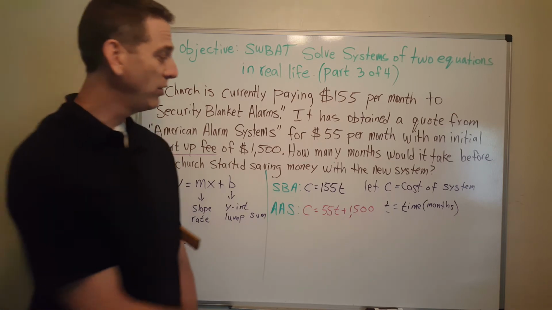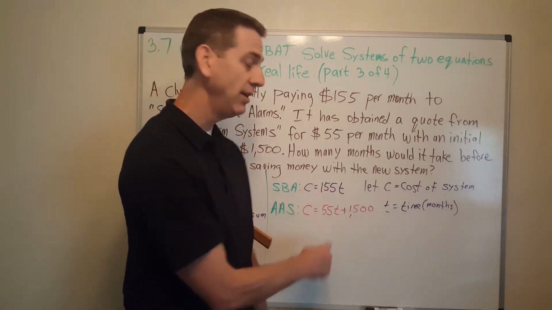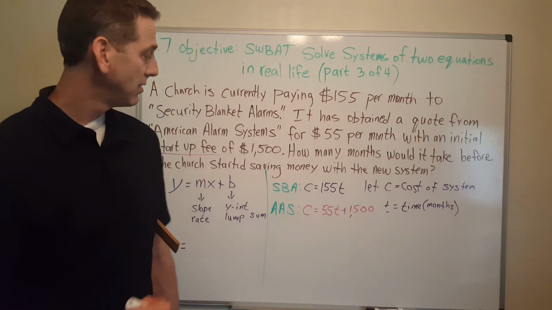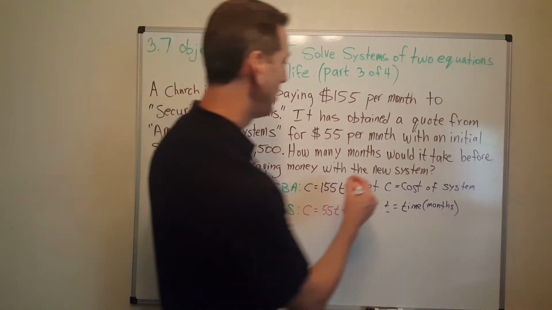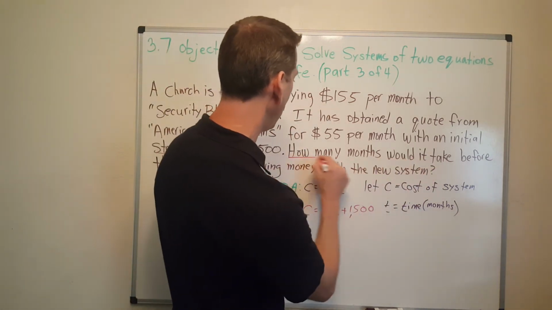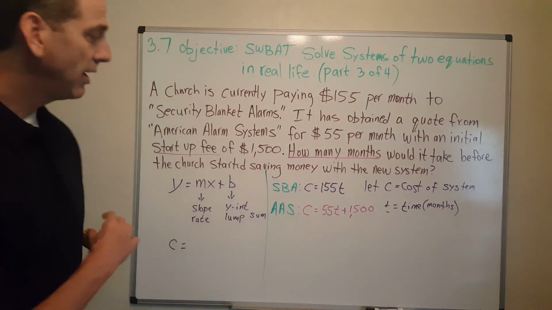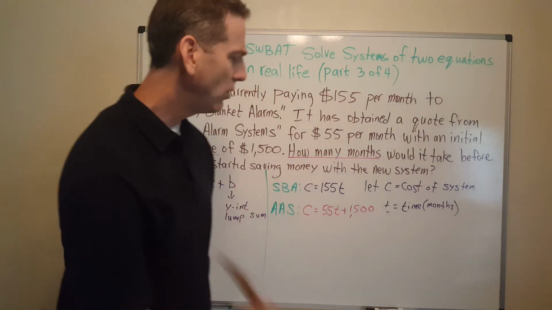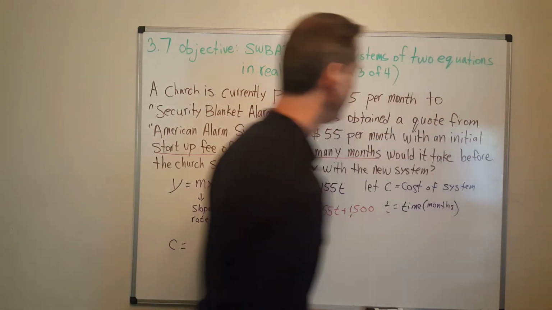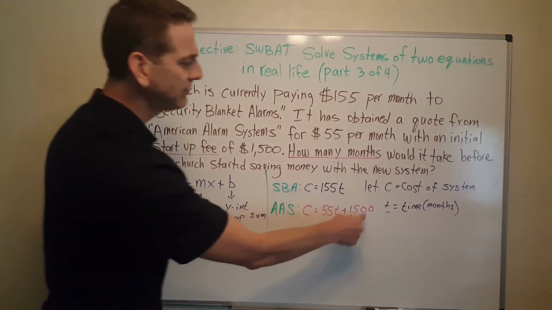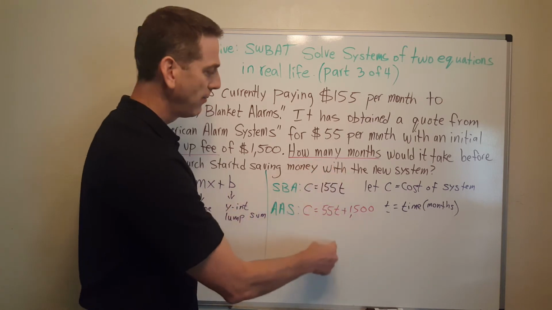What do we need to find? Do we need to find C or do we need to find T? Well, let's see, how many months? That's a question of time. All right, so we need to find T. Well, how do we find T? Well, I have a system of two equations, don't I?